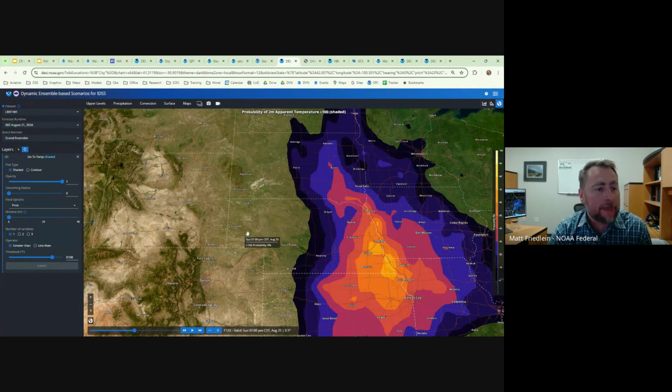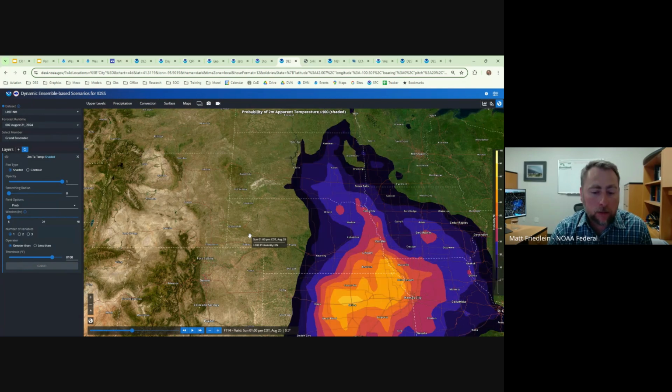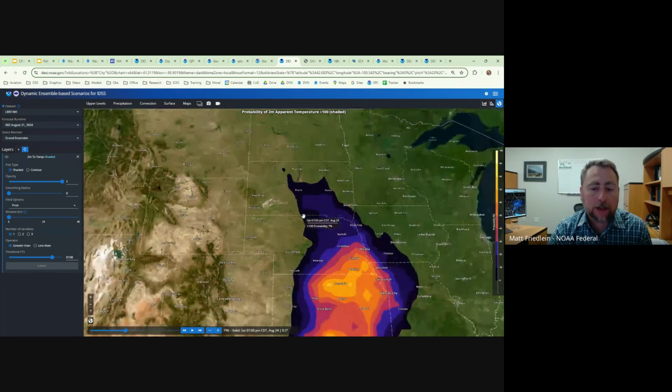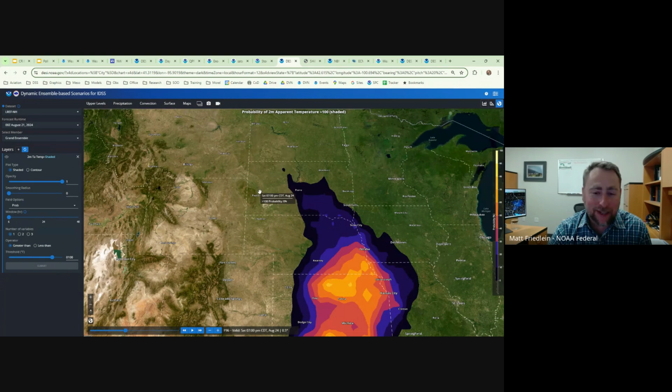So we'll take a look at that, and we'll look at Saturday first here. Not surprisingly, with Rapid City's dew points, low probabilities, but at Omaha there's quite the gradient of exceeding 100. So you start thinking about impacts and heat headlines and expressing that in key messages for 3 days out, the weekend time for Saturday.